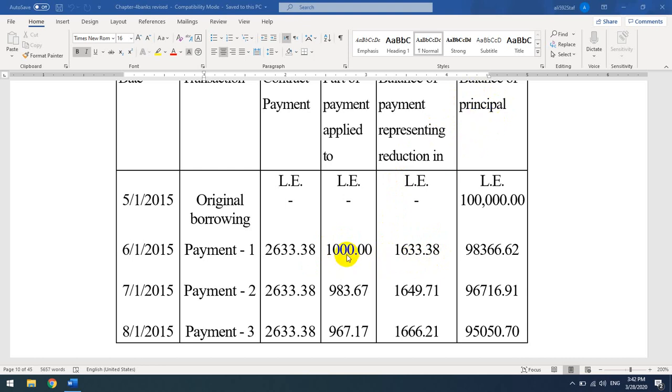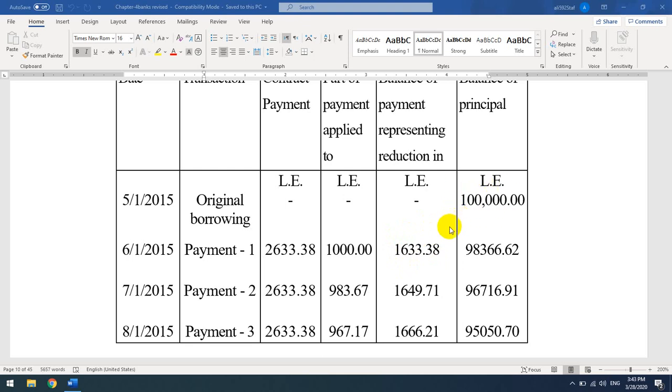If you subtract 1,000 from this amount, it's going to give you 1,633.38. You have to subtract this amount from the original amount, because this amount represents repayment of part of the original loan.